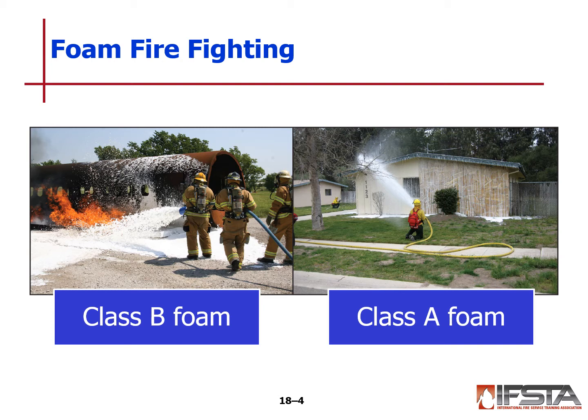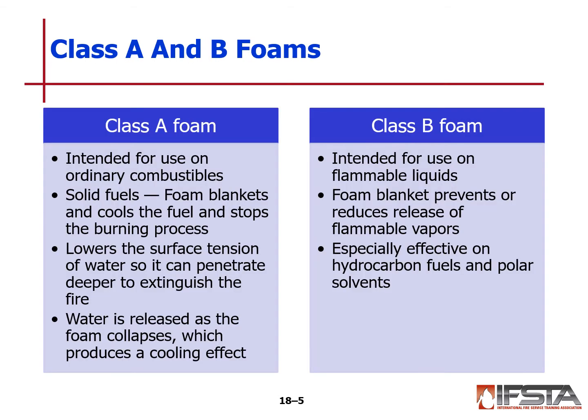You've got to remember that foam is not just foam. Class A foams are suited for a specific purpose, as well as Class B. Our Class A foams are intended for use on ordinary combustibles, solid fuels. It will help form a foam blanket, cool the fuel, and also stop the burning process.